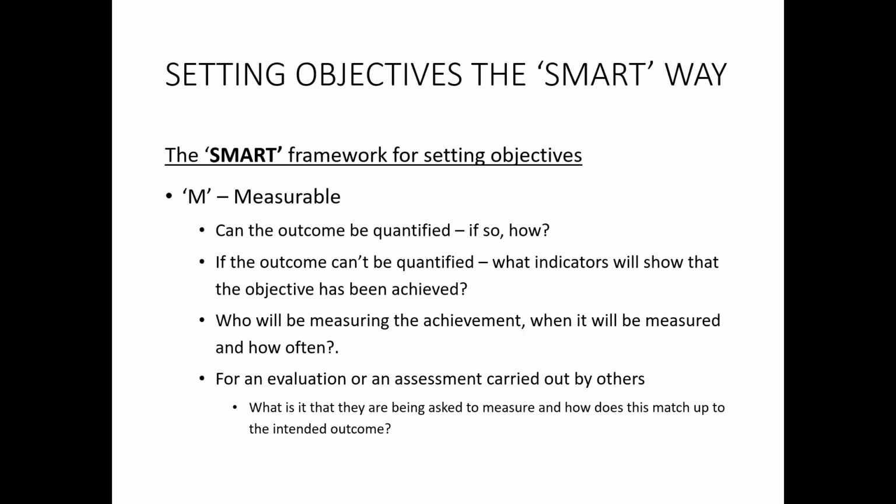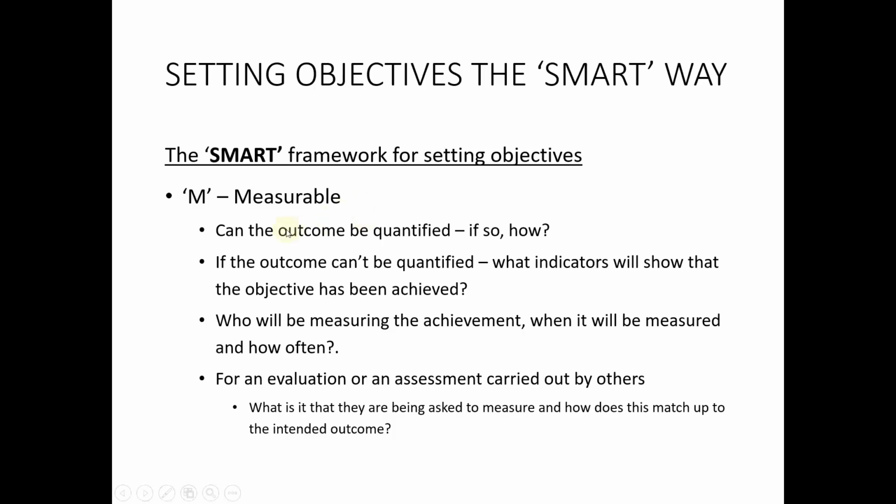Suppose we have a number of objectives, then it is very important to check every now and then during the design process whether all the objectives, as converted from the customer requirements, are being met or not. So we should identify who is going to measure whether it is completed or not, at what point of time the measurement will take place, and how frequently all these objectives are checked, whether it is satisfied or not. So that is meant by the term measurable.